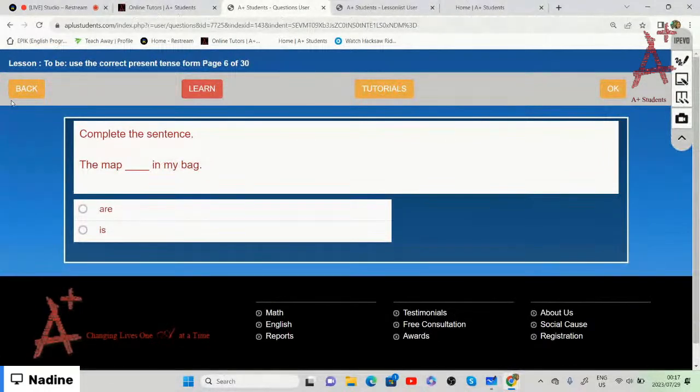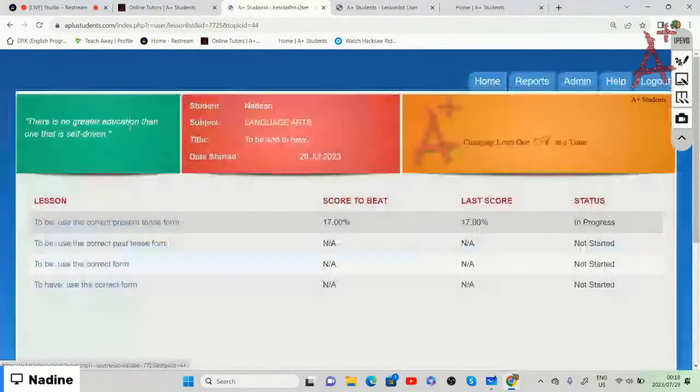All right. Now we're going back and we're going to the next one, right? So we're still working with to be, right? And now we're going to use the correct past tense form.